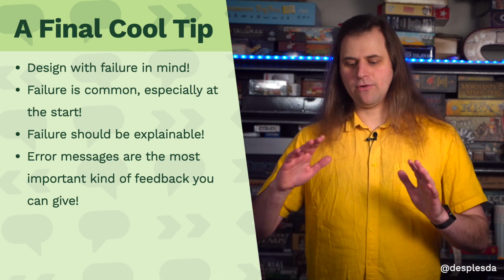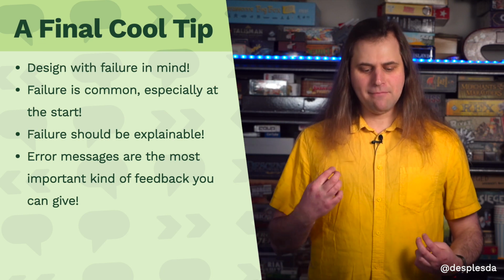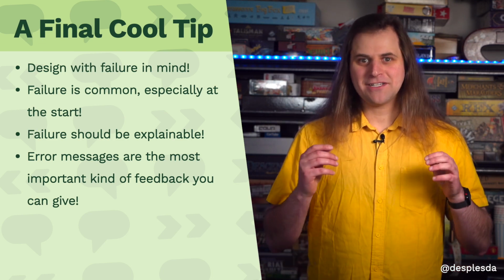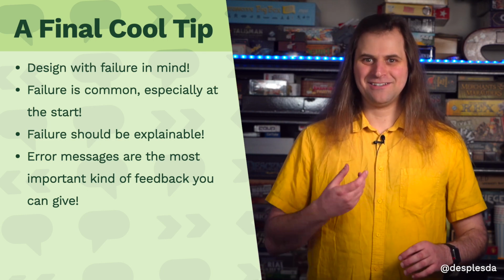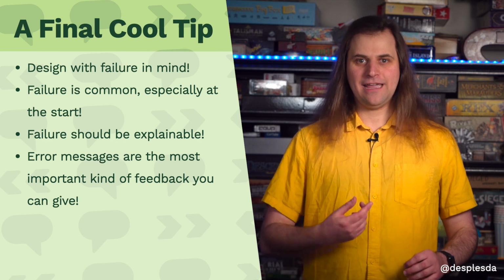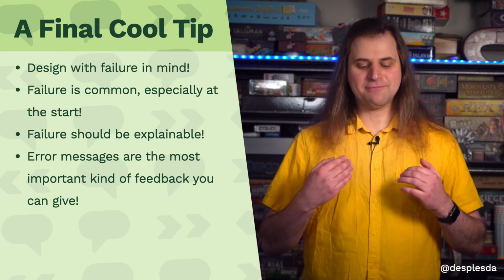Finally, much more generally, I'd like you to remember that you should be designing with failure in mind. I write a programming language. You're going to make typos, you're going to cause the parser to fail. Failure is really common, and because failure in the context of tools is really common, failure should be supported and it should be explainable.